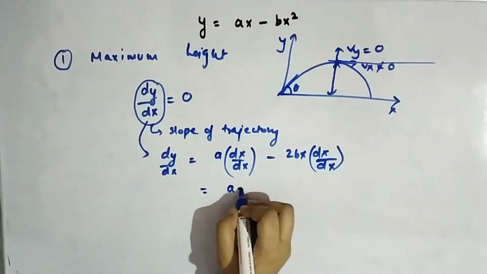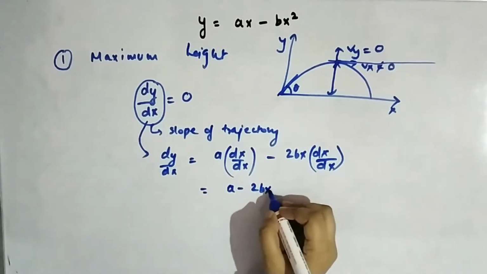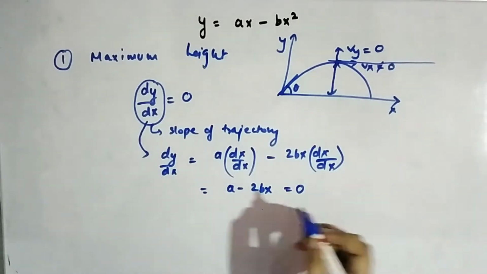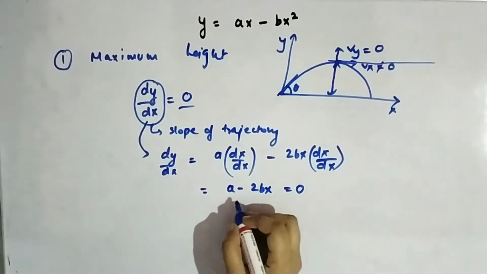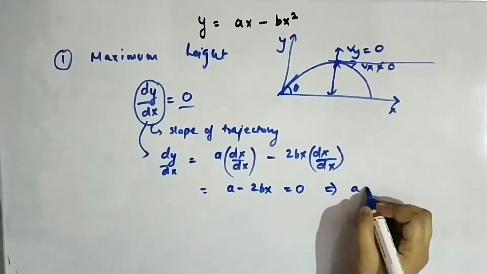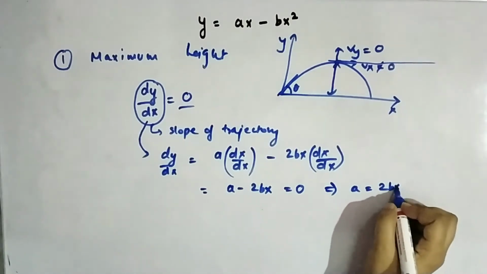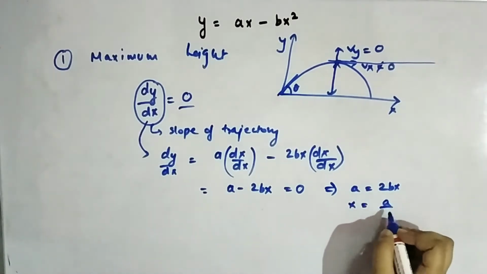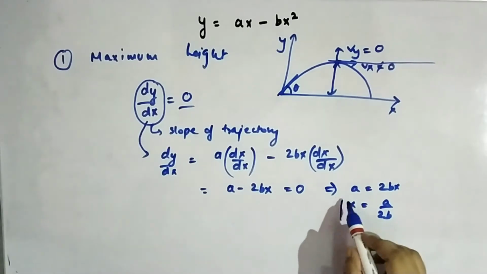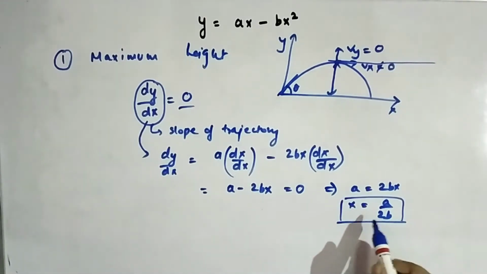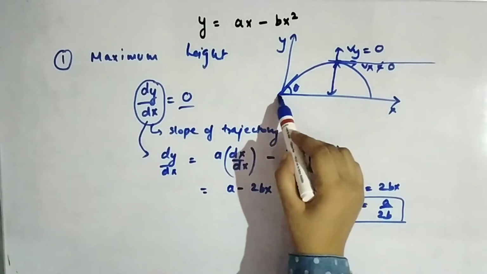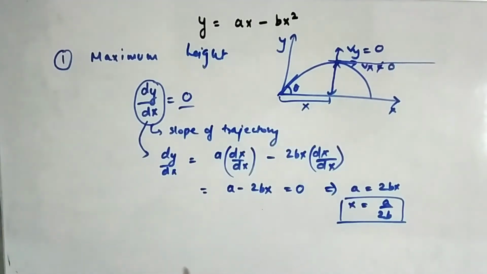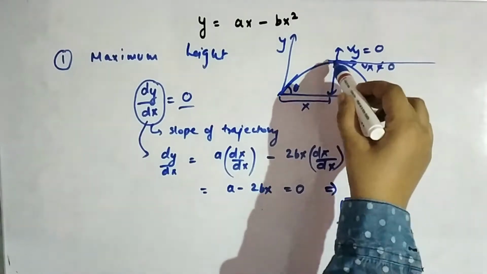So a minus 2bx, which is 0 as per this. So this implies a equals 2bx, or x equals a by 2b. Now x equals a by 2b is this distance, at which we have the maximum height.